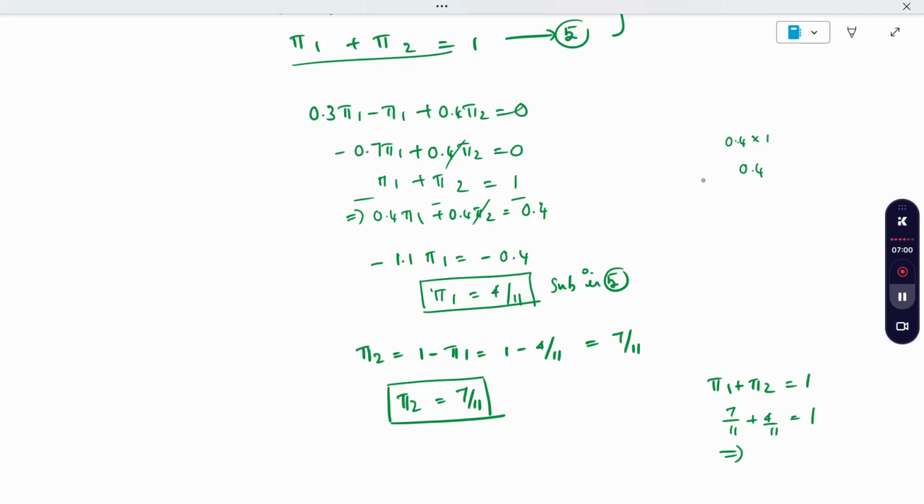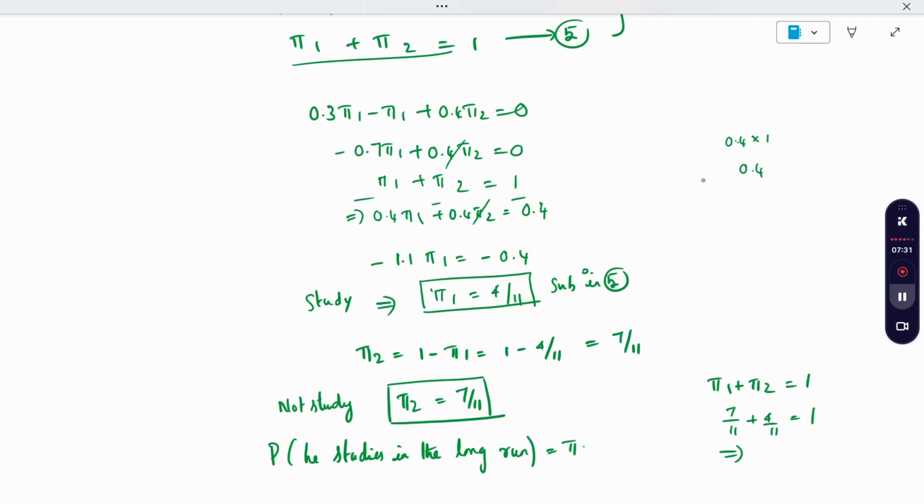The question asks about when he studies. He studies in the long run means study, for which I used the pi 1 notation, and not study is the pi 2 notation. For the long run, it is asked for study, so it's the pi 1 parameter.